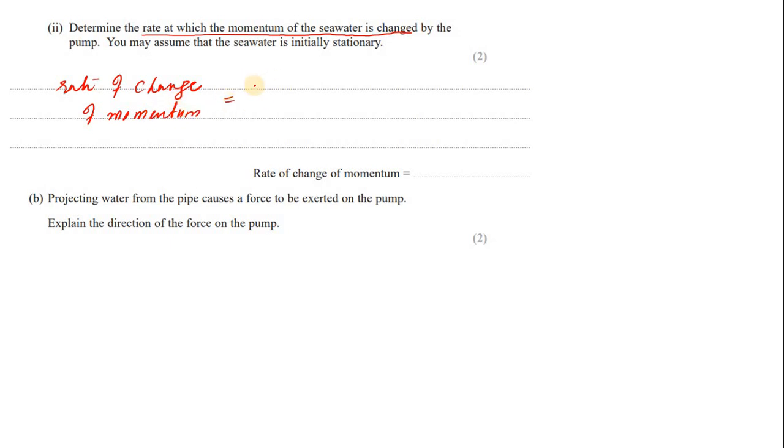Rate of change of momentum is equal to final momentum minus initial momentum divided by time. Clearly, final momentum you can find just as mass multiplied by speed, and you know that mass in 1 second was 300, speed was 37.1, minus initial momentum, because initially it's stationary, it is 0, divided by time, which is 1 second.